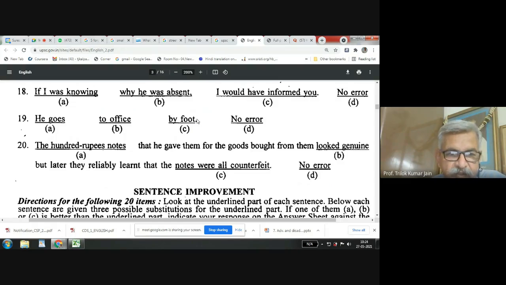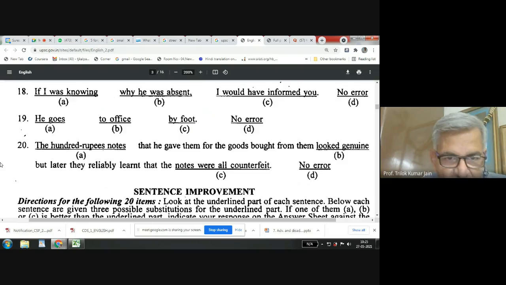Next sentence. The 100 rupees notes that he gave them for the goods bought from them looked genuine, but later they reliably learned that the notes were all counterfeit. What is wrong? The 100 rupees notes.